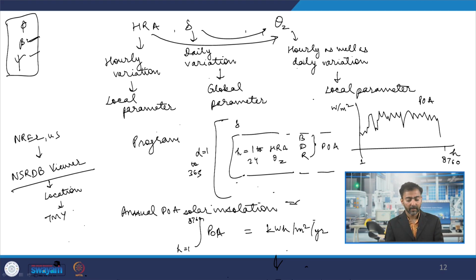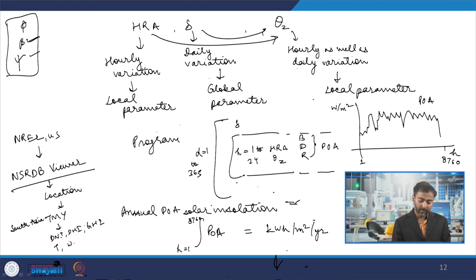So in our case, if you are doing it in India, there will be a particular data set known as South Asia TMY data. So you go for that South Asia TMY data, and then you can select what all variables you need. You should take DNI, DHI, and interestingly GHI is also given, so you do not need to calculate it. You can also go for temperature, wind speed related parameters, pressure and all, those are there.